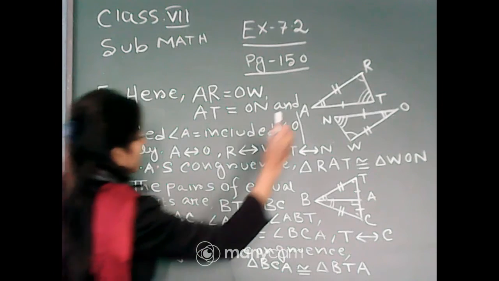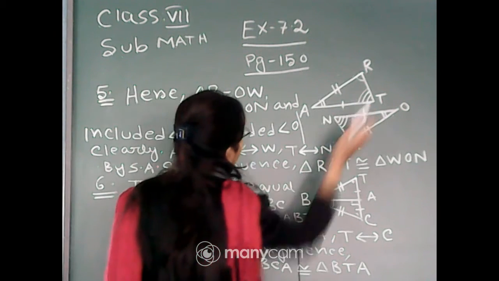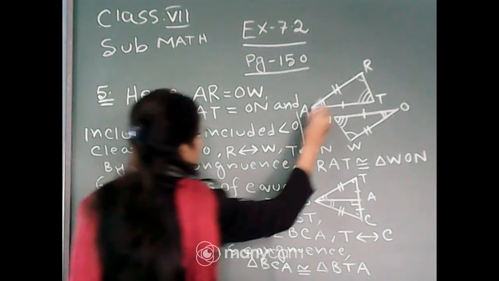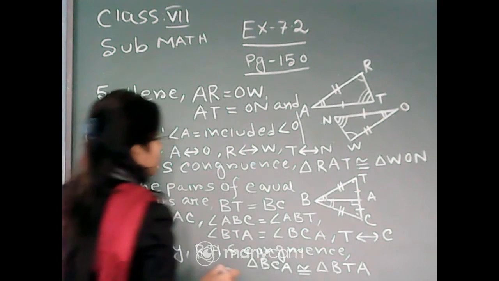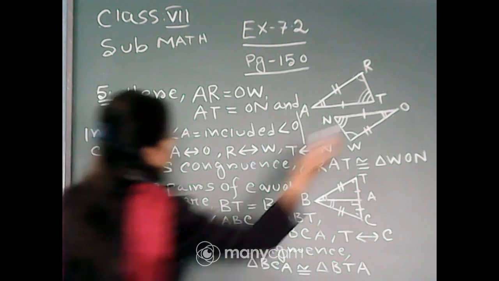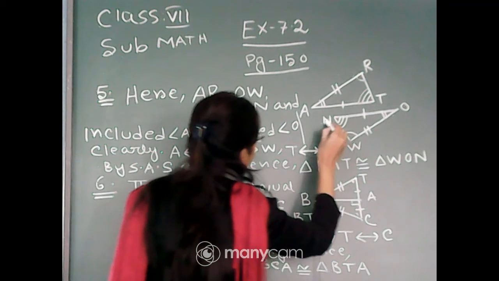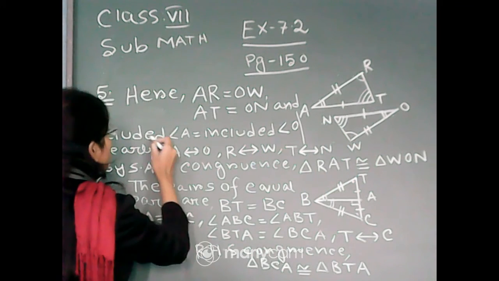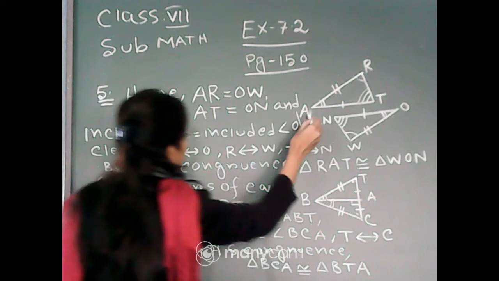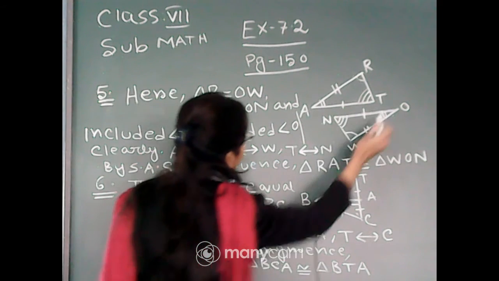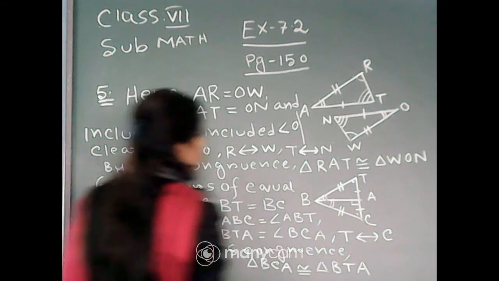Also, side AT of the triangle ART is equal to side ON of the triangle WON, and included angle A is equal to included angle O.